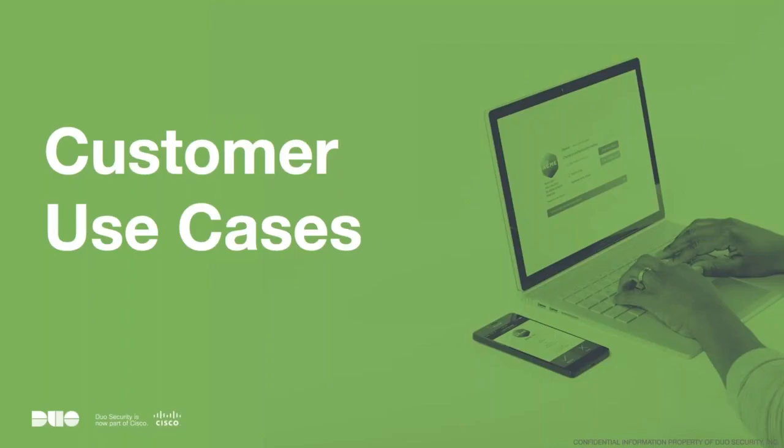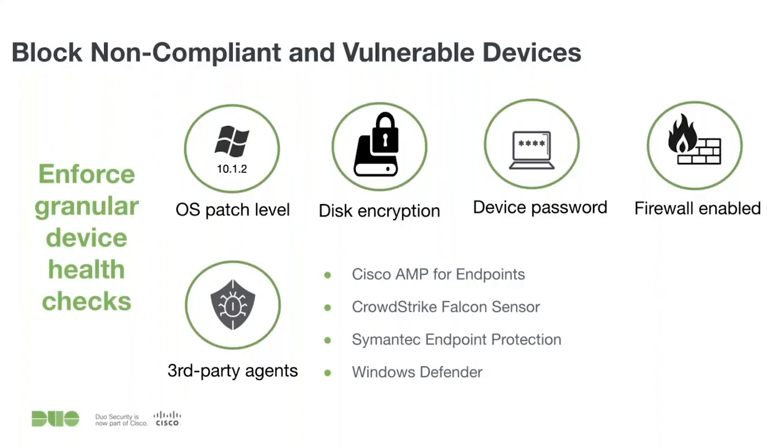So let's actually look at some use cases that we've seen customers be successful with in thinking about these tools with Device Trust. For one, I sort of alluded to this earlier, we can block non-compliant and vulnerable devices from accessing your corporate environment. So we can look at patch level, disk encryption, passcode.